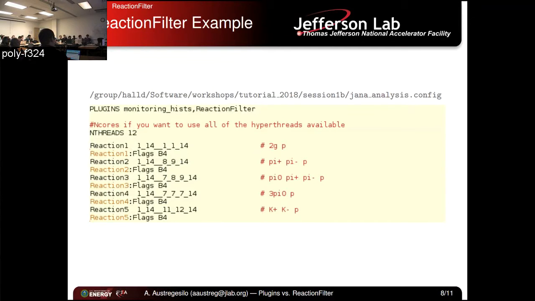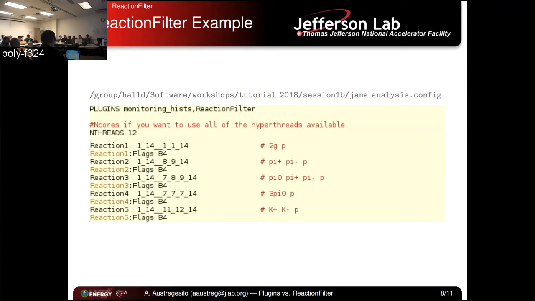You don't need to write any code, you don't need to write anything, and this is where you want to read it. It's 2 gammas, and then pi plus pi minus, and then 3 pi, and 3 pi zeros, and then k plus k minus. But of course, the possibilities are almost infinite, so you can put whatever reaction you want into this.